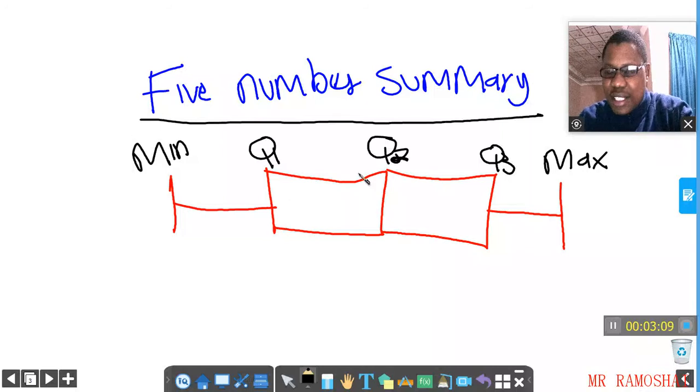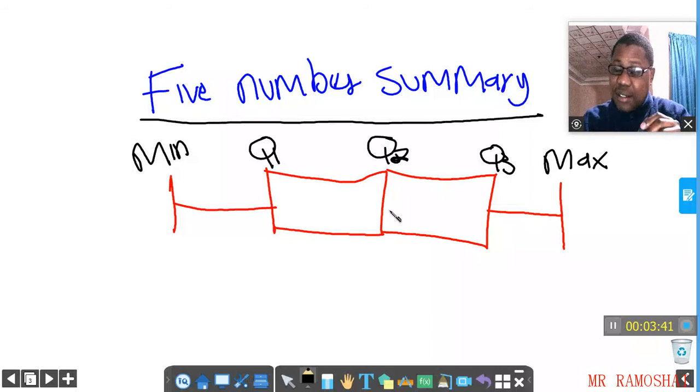Everything has been summarized, whatever data it was given, as long as they give you this box and whisker diagram. Just know that your data has been summarized. You can see your minimum number, you can see your quartile 1, which is the middle number of your first half. You can see your middle number, you can see your middle number in your second half, then you can see your highest value there, right?